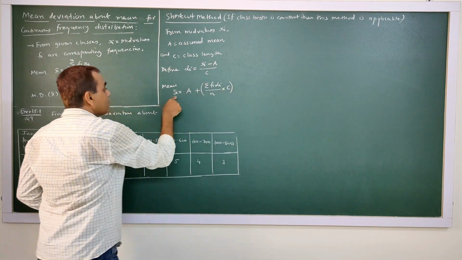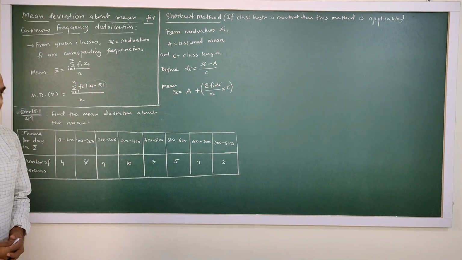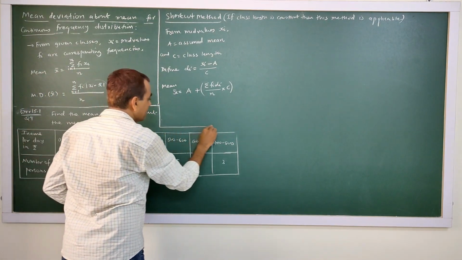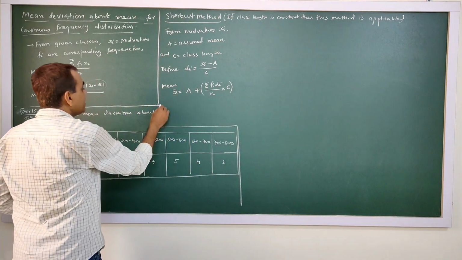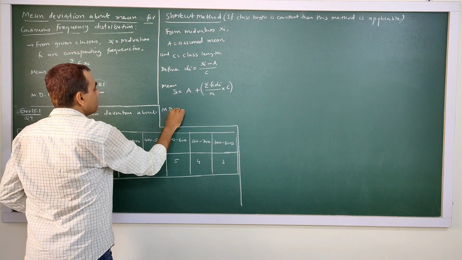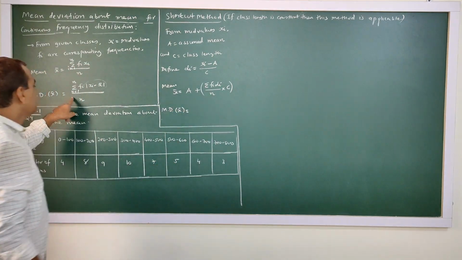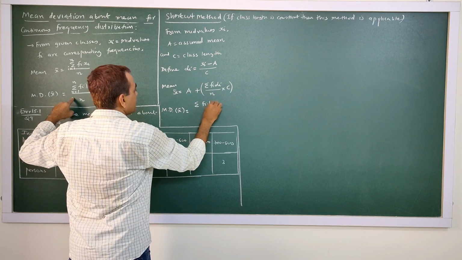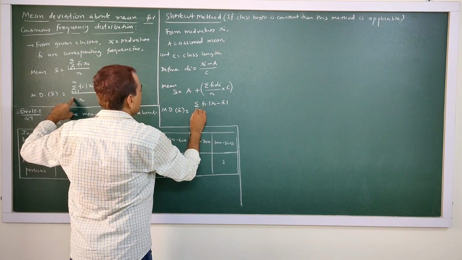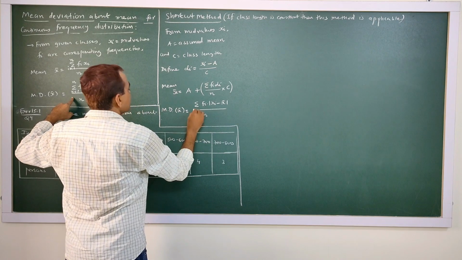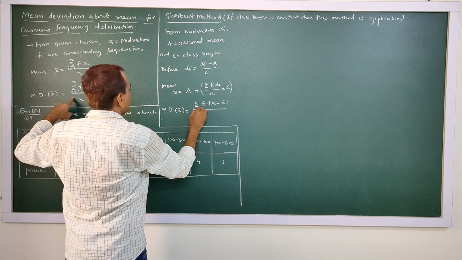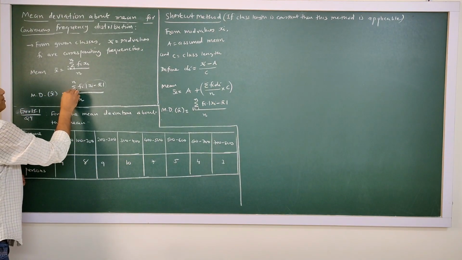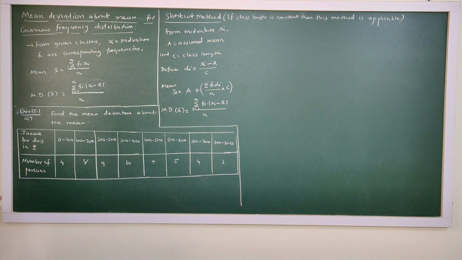This is the formula for mean. And after finding the mean, the formula for mean deviation about the mean has no change: sigma fi into modulus xi minus x bar upon n, i is equal to 1 to n.